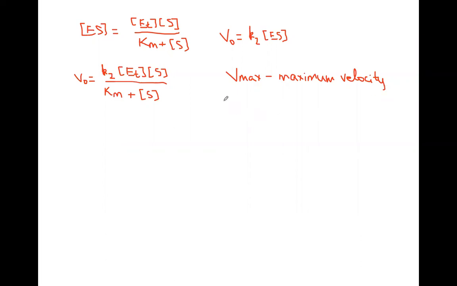So let me quickly draw this. I think graphical representation is the best. Let's say this is the substrate concentration, and this is the initial velocity, V naught.